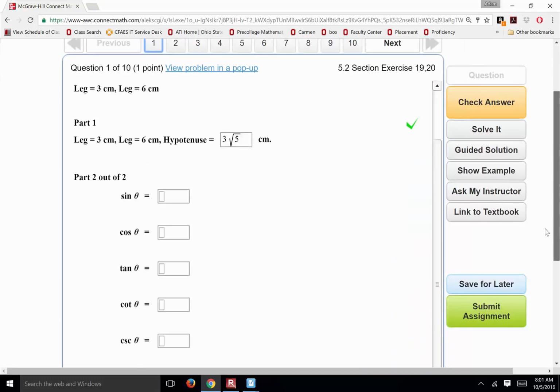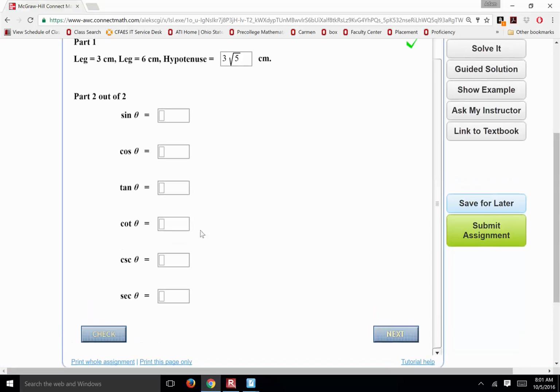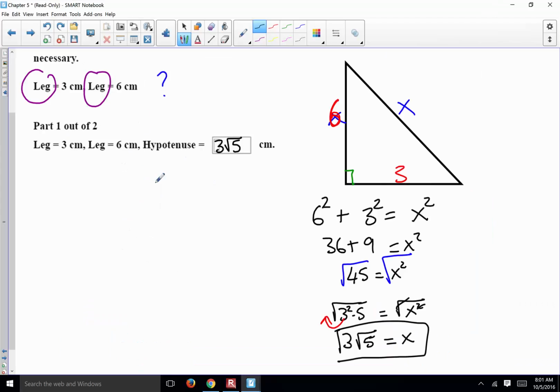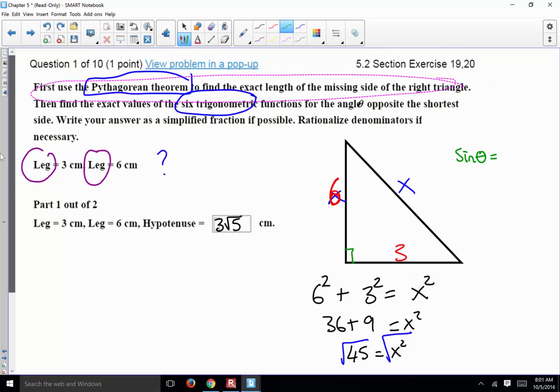Alright, now it's time to compute the promised 6 trig functions. Let's do them one by one by looking at this triangle. Okay, here's the question. Where is the theta? Theta can be this or that.